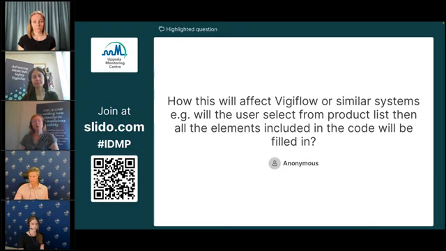So depending on the regulator and how they prefer to code, you may code still to WHO-drug, or you may code directly to the IDMP identifiers, but I think the end result will be the same since we're linking this information together.